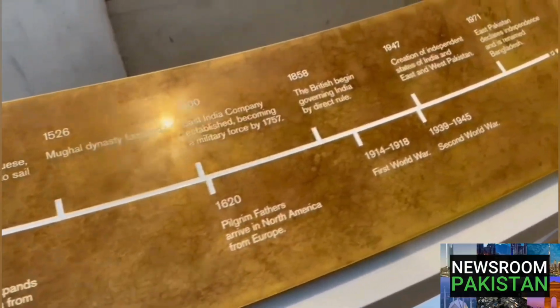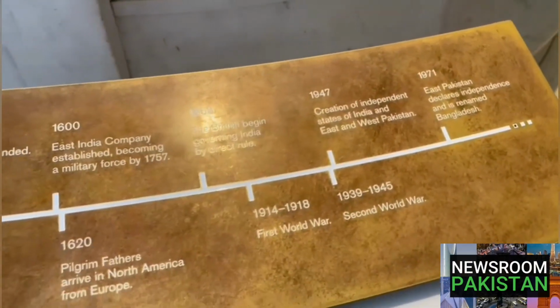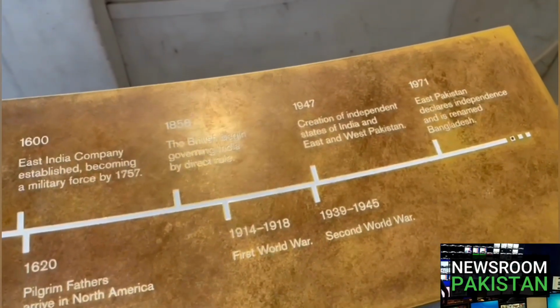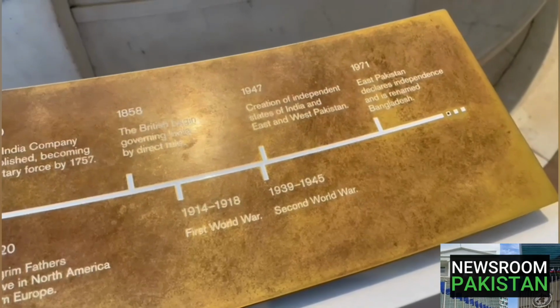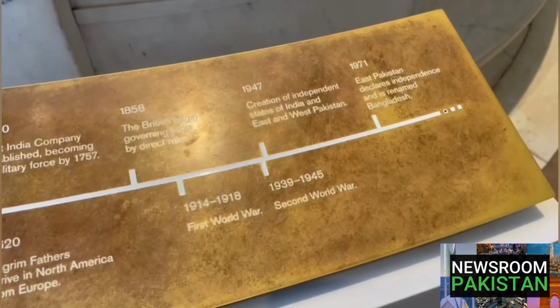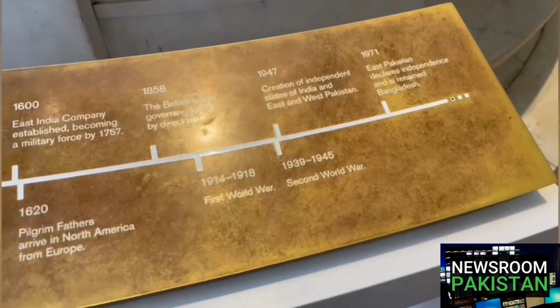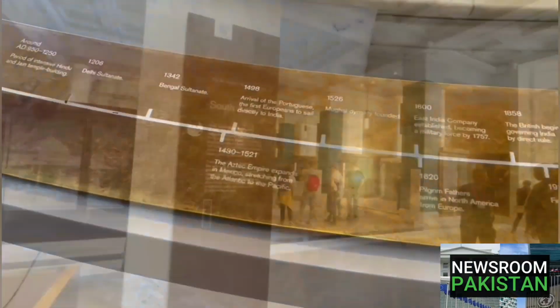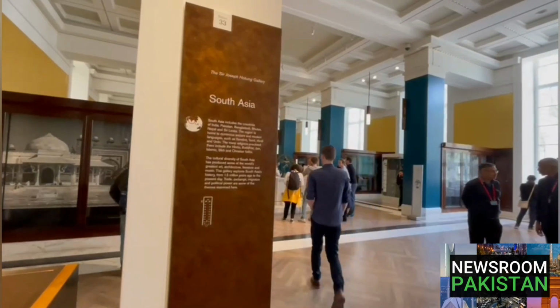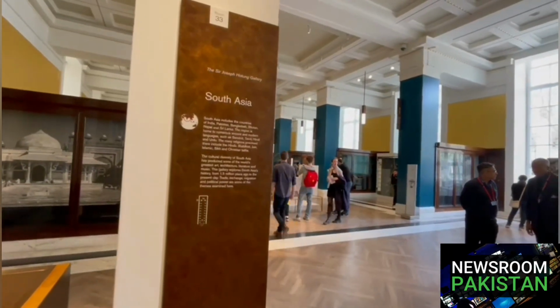Of course, after that, the British Empire was created, and it ended in 1947. The creation of Pakistan and India was on the world's map. This is a brief layout of the South Asian Gallery at the British Museum in London.